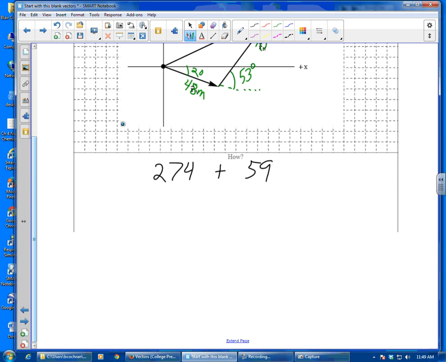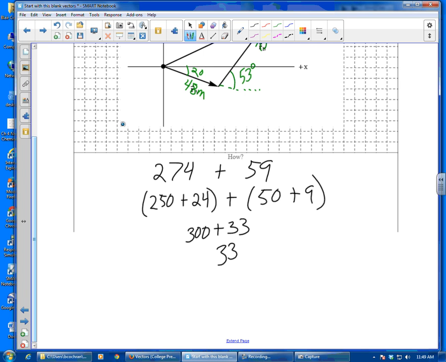I'm going to break these into numbers that make more sense to me. I'm going to break this into 250 plus 24. This is 50 plus 9. So I've taken and made components of those numbers. And then 50 plus 250 is 300. Plus 24 plus 9 makes sense to me, it's 33. So my answer ends up being 333.